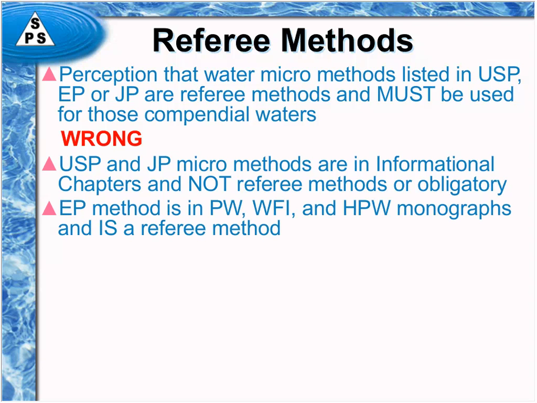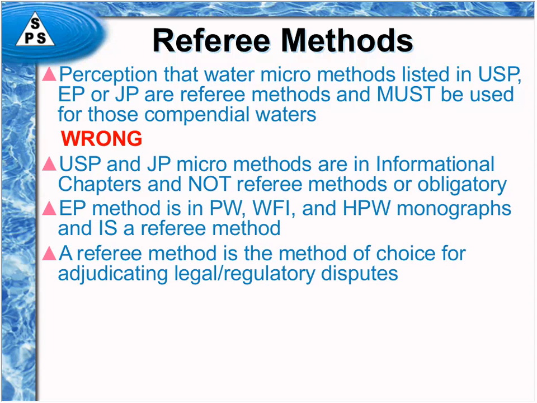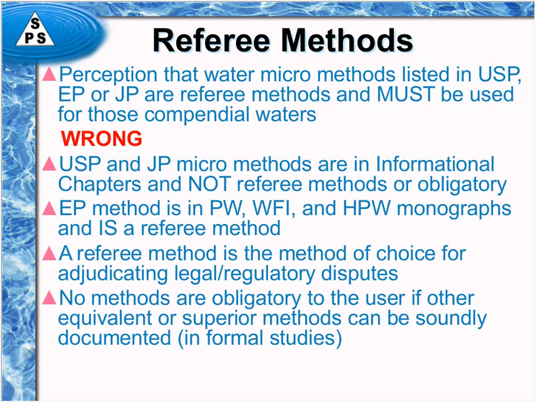Now, EP's methods are actually in the monographs for purified water, water for injections, and highly purified water. And it is a referee method because it is in the monograph. And therefore, because these referee methods are the method of choice for the courtroom, there is the thought that you actually have to use that method. And in actuality, that is untrue.